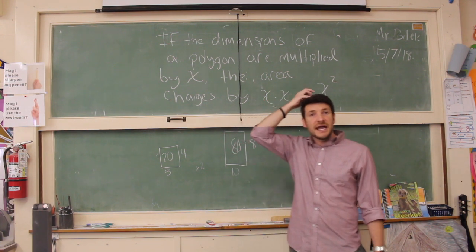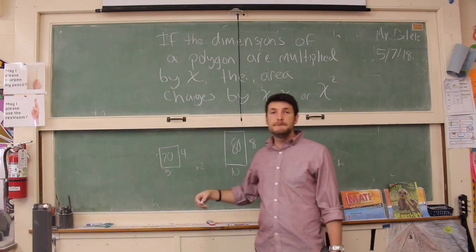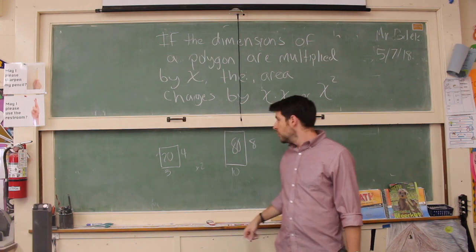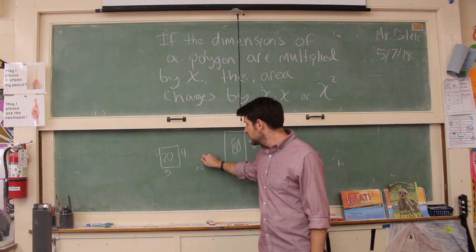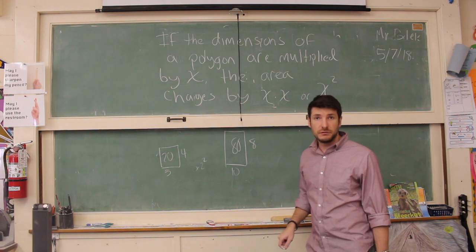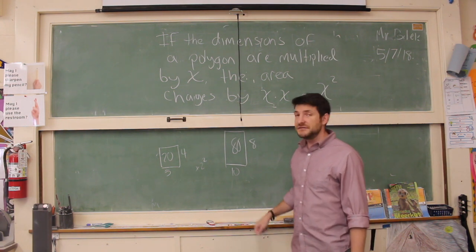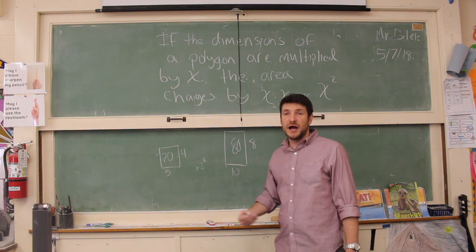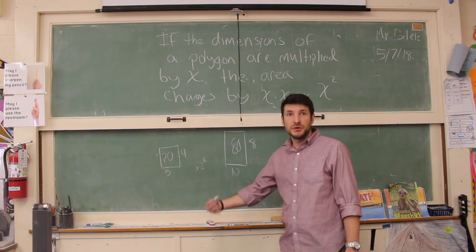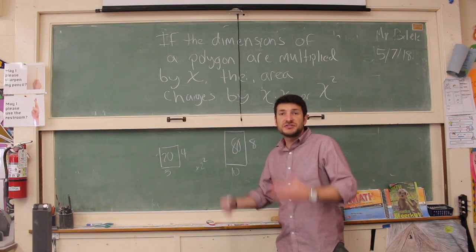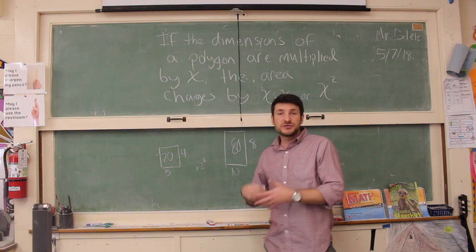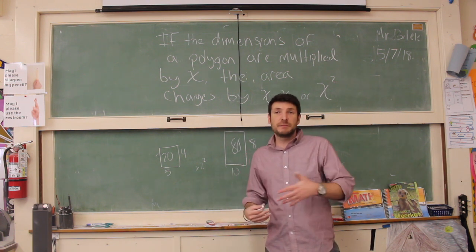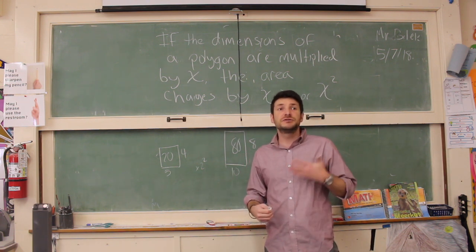Between 20 and 80, you multiply by 4. 4 is 2 squared. Instead of multiplying my area by 2, like you would the perimeter, you multiply it by 2 squared. If I triple it in size, I would multiply my new area by 3 squared.